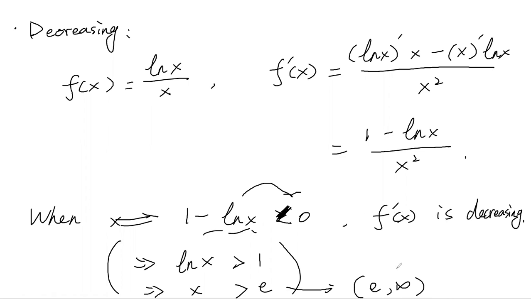If you want a form that's exactly like the integral test, you can maybe start from 3 to infinity. As long as this number is greater than e, then the function is always decreasing. But you get the point that f of x is decreasing after a finite number. And that's the case when we can use the integral test.